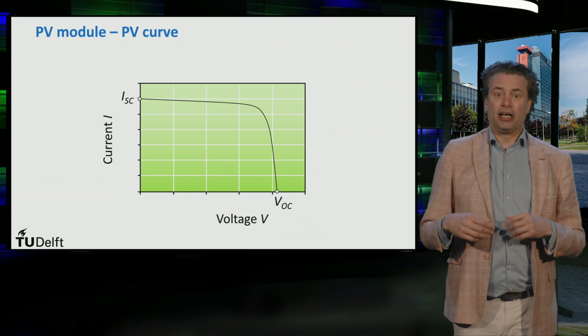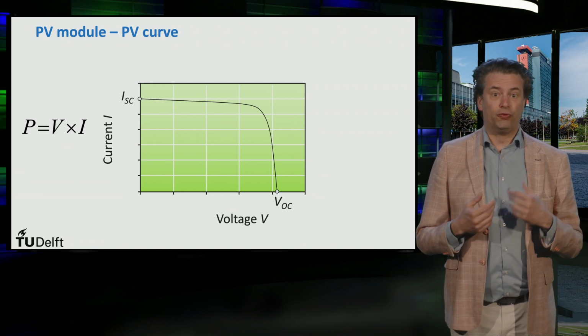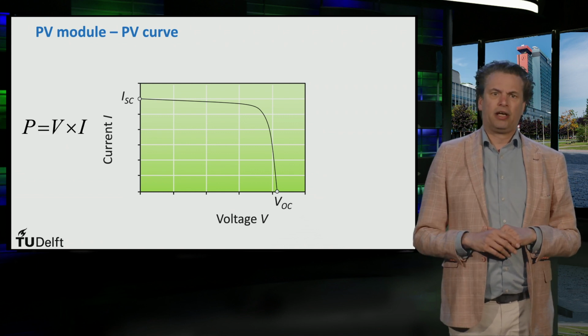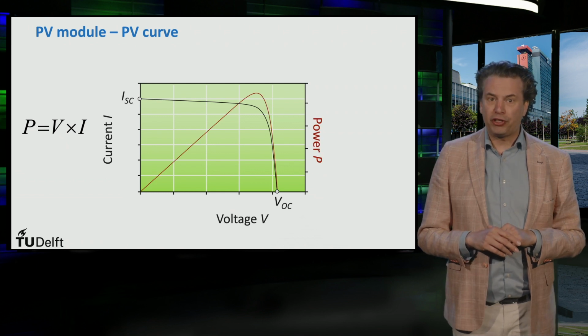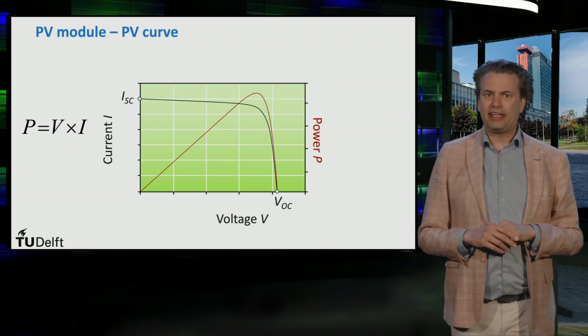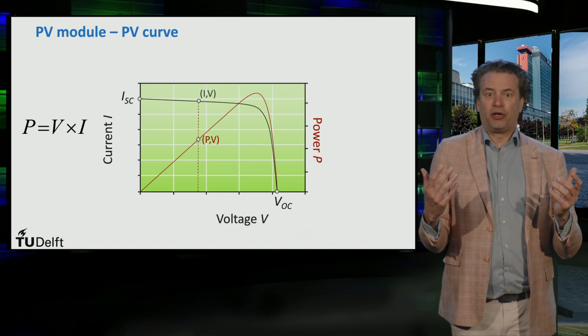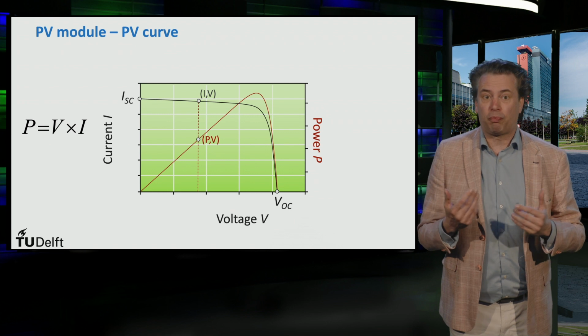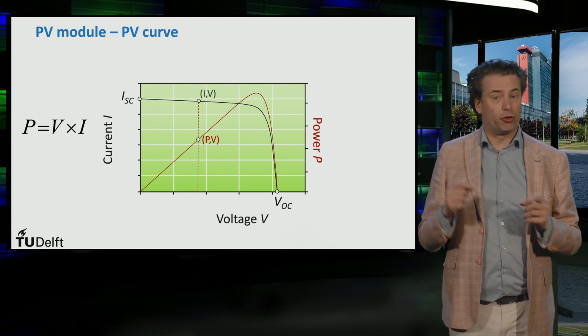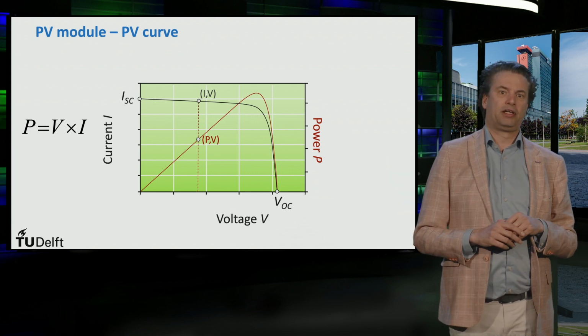We know that power is equal to voltage times current. If we draw the power-voltage curve, or the PV curve, it takes a form as shown. Of course, an operating point on the IV curve will also correspond to a unique operating point on the PV curve.